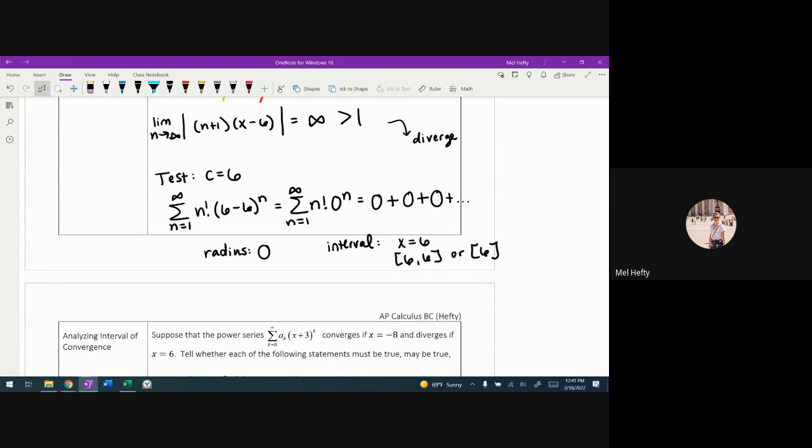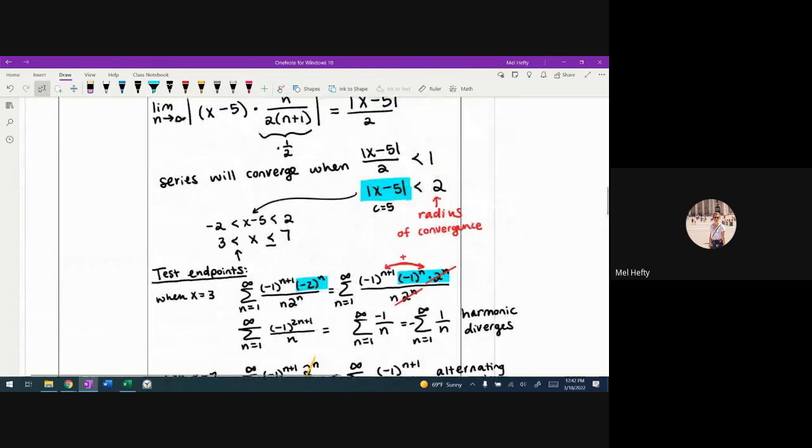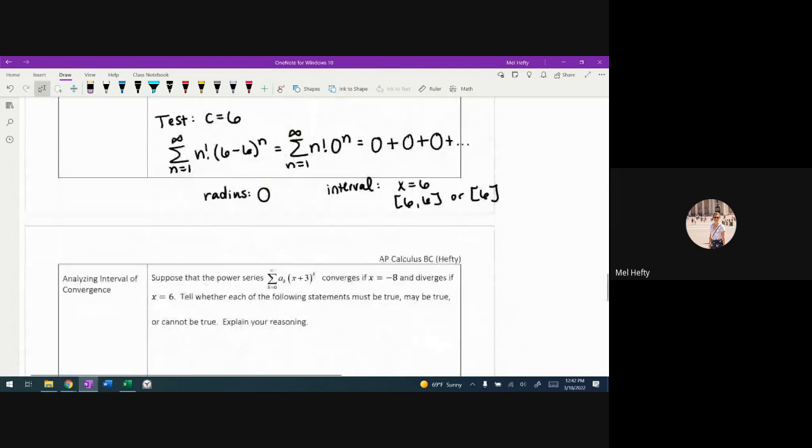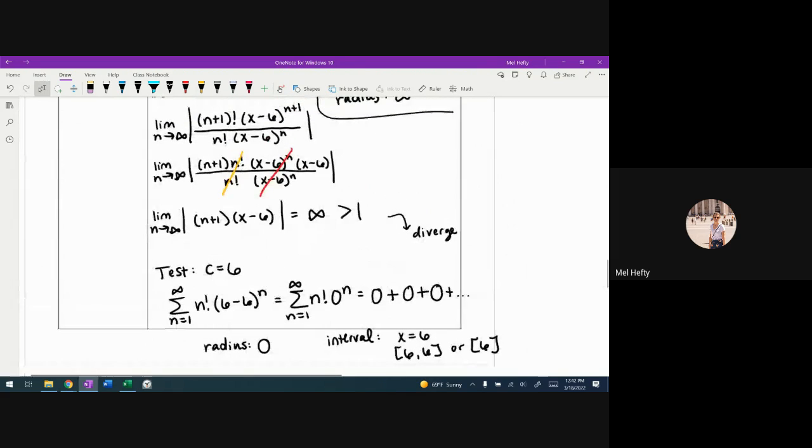So if the radius was a number, we would have this situation where we would want to go both sides from the center and test the endpoints. Actually, maybe we'll save this for next time, because I want you to practice.